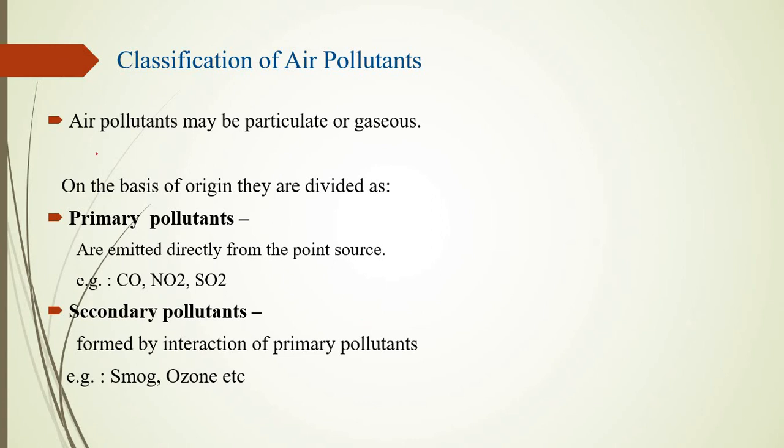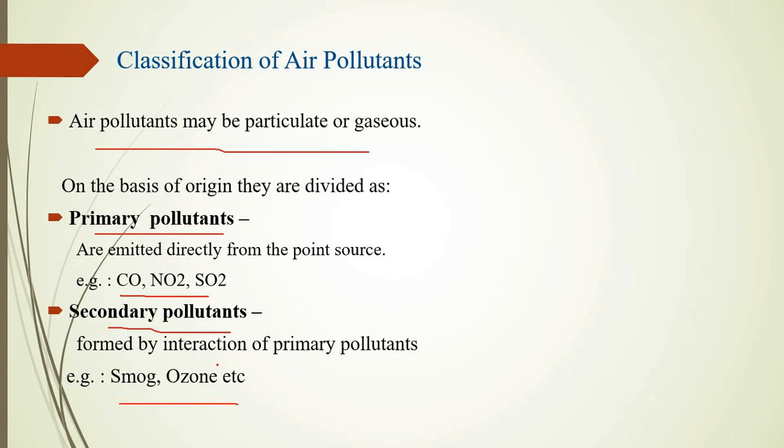Classification of air pollution. Air pollution may be in particulate or gaseous form. On the basis of origin, we divide it into primary pollutant and secondary pollutant. The primary pollutant we consider in the form of gas, and the secondary pollutant in the form of smoke, ozone, etc. Secondary means the natural gases available in the atmosphere and we disturb them.